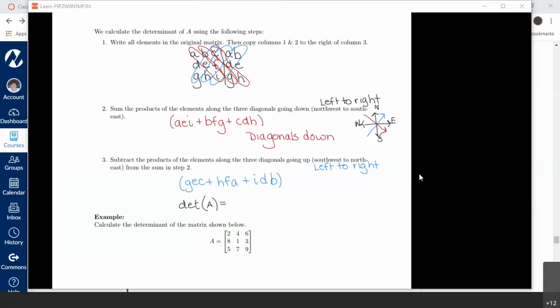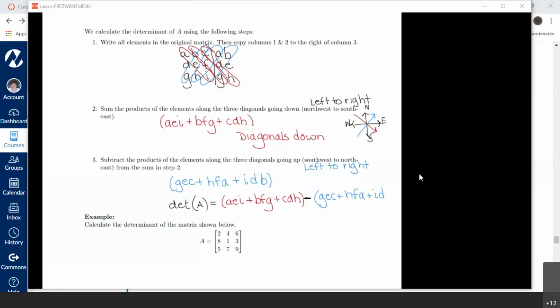That would be your going down diagonals, AEI plus BFG plus CDH minus your going up diagonals. So GEC, HFA plus IDB. Okay, so basically that's how you would actually compute it.